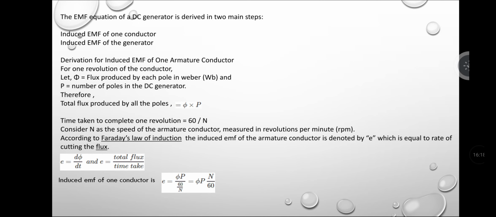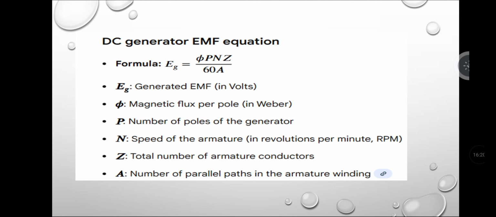Now we will talk about the induced EMF of the armature of a DC generator. We just multiply by Z, where Z is the total number of armature conductors in the armature. Let me explain once again. Eg is the generated EMF in volts. Phi is the magnetic flux per pole in Weber.